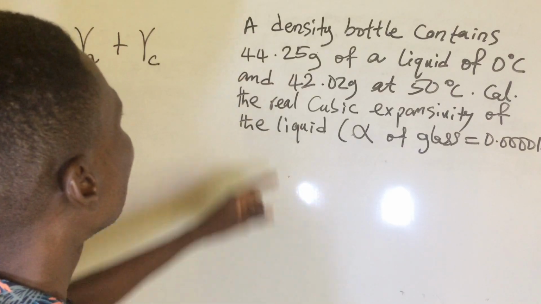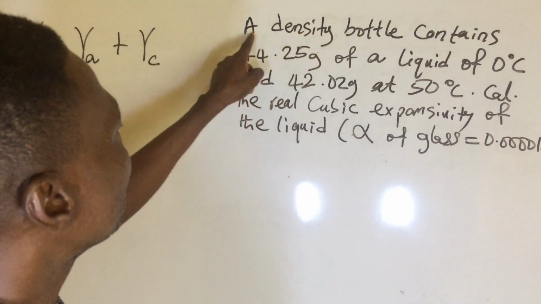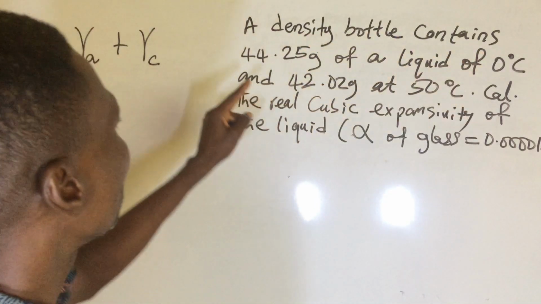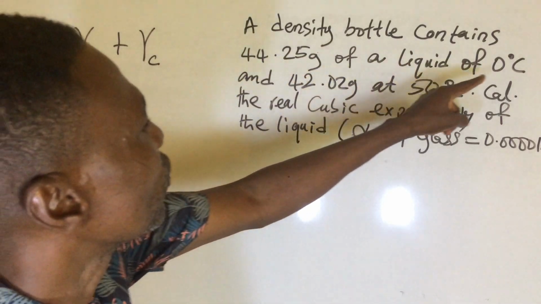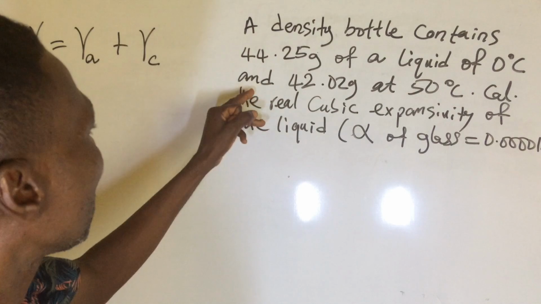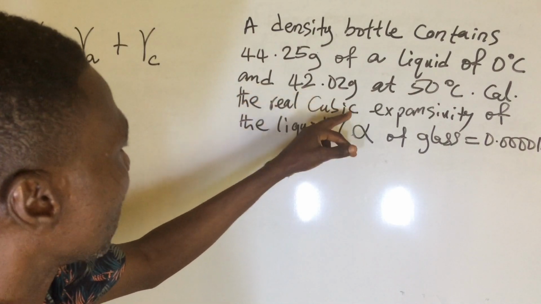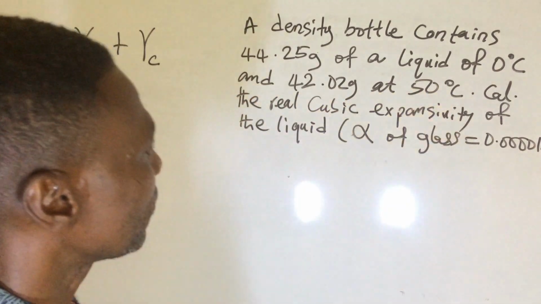The question says a density bottle contains 44.25 grams of a liquid at 0 degrees Celsius and 42.02 grams at 50 degrees Celsius.